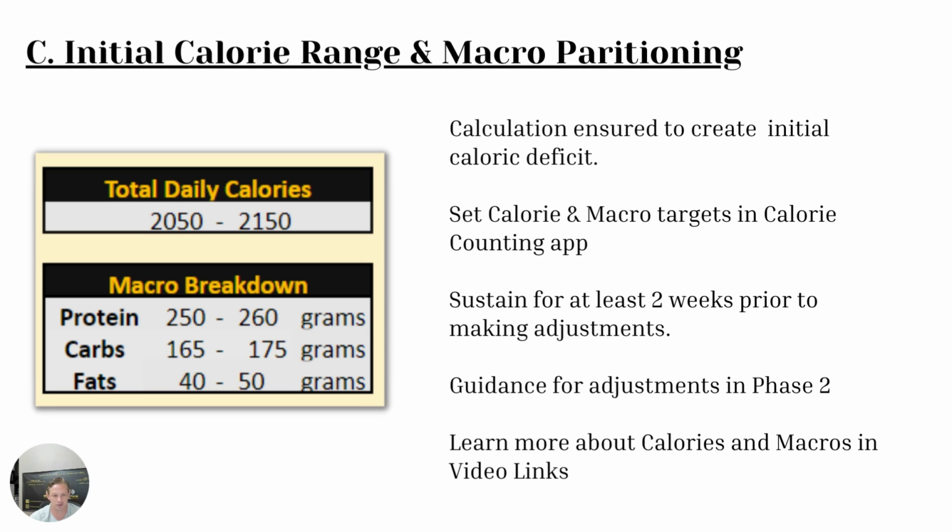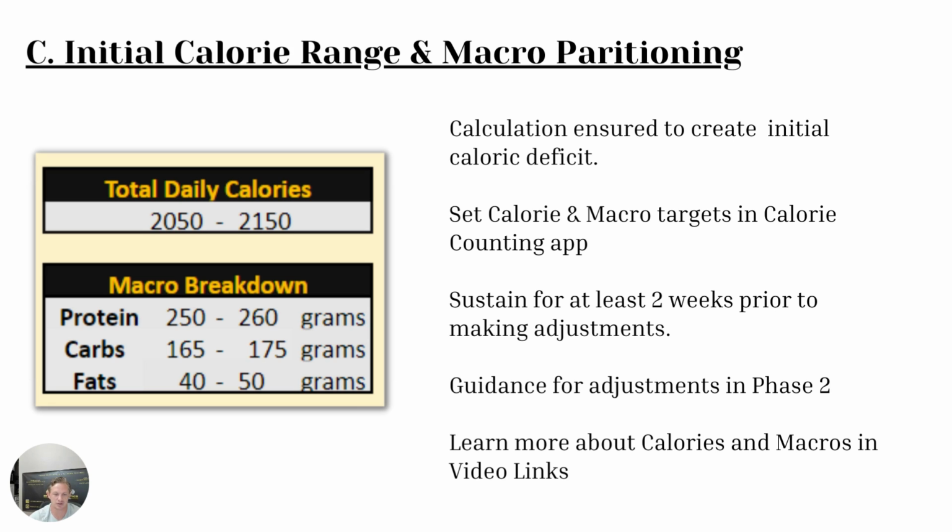Now, make sure that when you get this calculation that you go into your calorie tracking app and you set your targets if they're not already set for you. In addition, make sure that you review the macronutrient breakdown, the protein, carbohydrates, and fats, and make those adjustments in your app. That way there's no confusion, and when you're opening your app every day and logging, you see that that is your range.